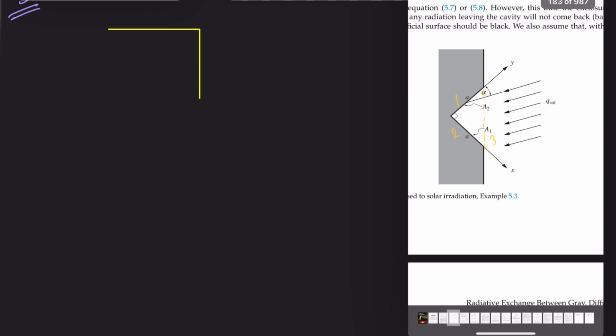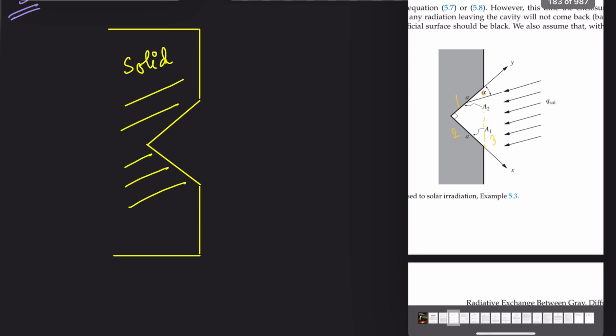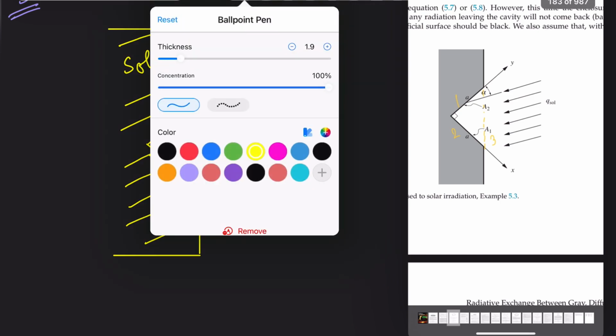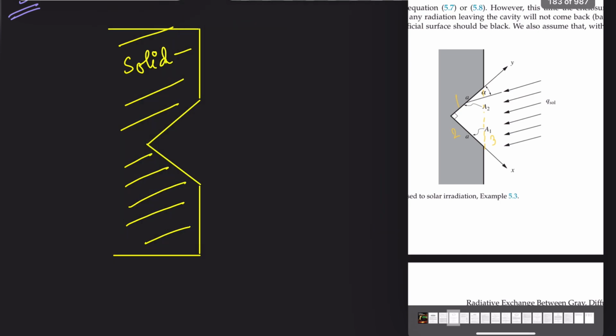So I think you can see the picture in the book also. I have this groove here. This is the groove, clear. Now obviously this is a solid part. If I hatch this, I think it will be more clear. Now this is 90 degree, this is 90 degree, let me choose another color.